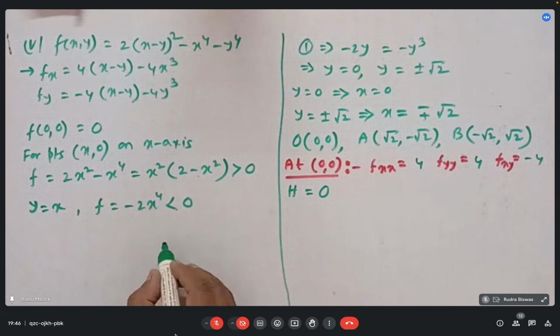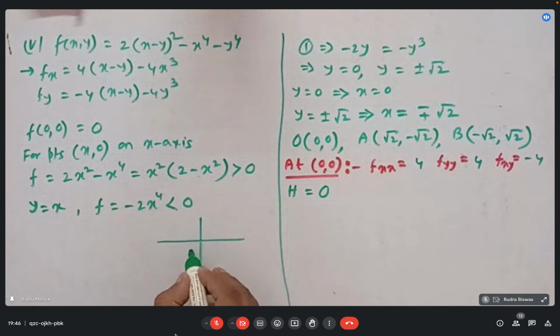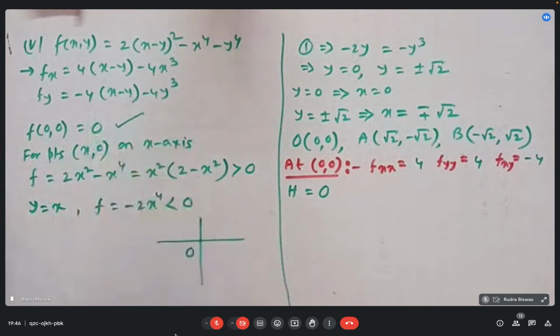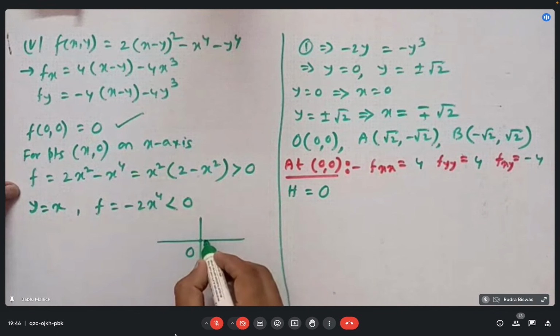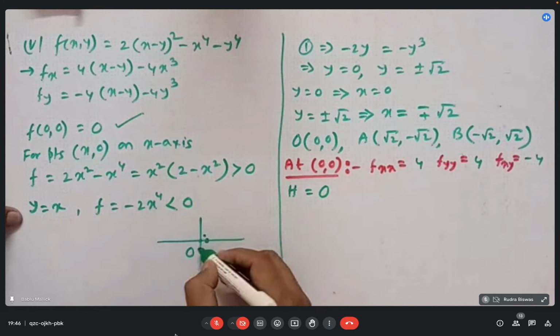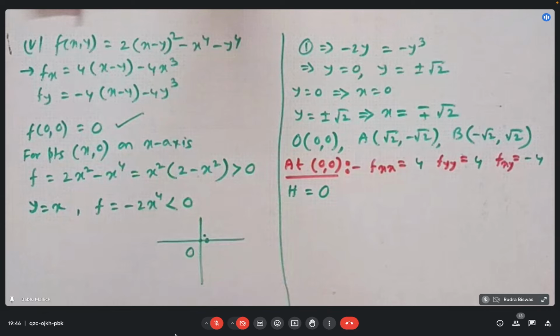Look, this is the origin, at the origin the value is 0. A point on the x-axis has value greater than 0, and if I consider a point on y is equal to x, then the value is negative, so we cannot say anything.